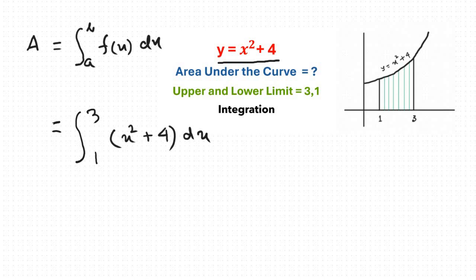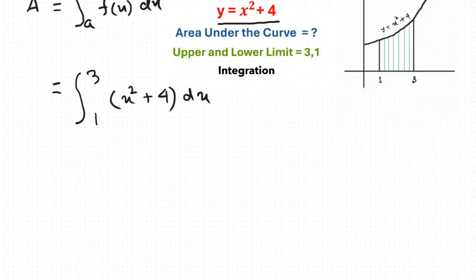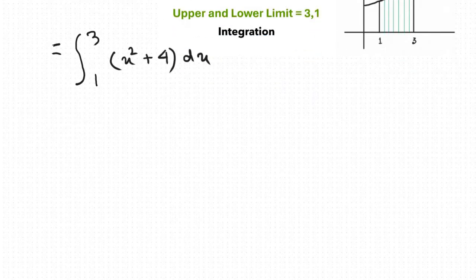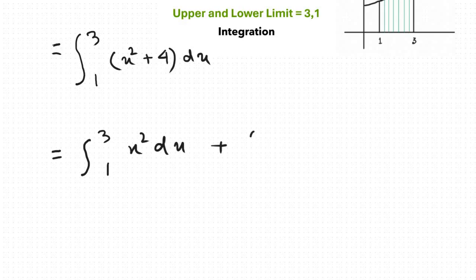Then we can write x squared plus 4 in two separate integrations, as integration from 1 to 3 of x squared dx plus integration from 1 to 3 of 4 dx.